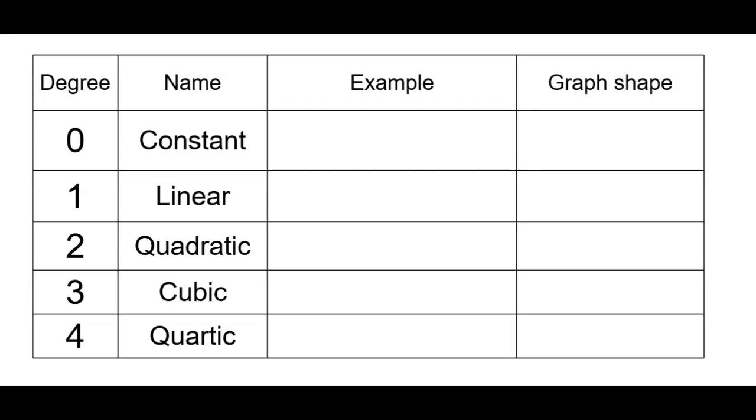So as we're looking at this chart, I want to define those words just a little bit more. So a constant is just that. It's something that's constant. It doesn't vary. So 4 or negative 6, okay? How would we graph that? That graph would be a point, okay?